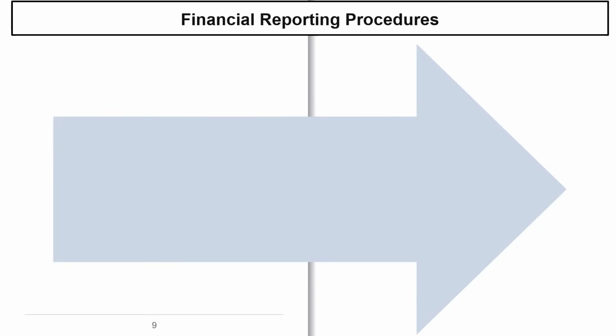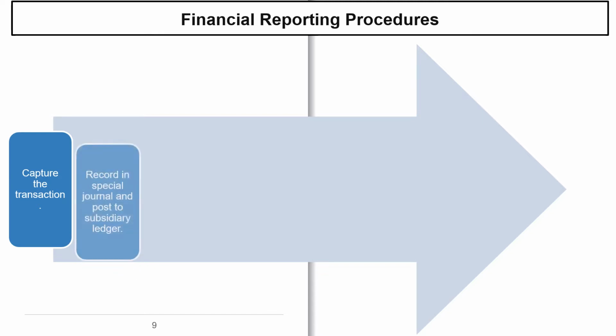Let's see the financial reporting procedures. The financial reporting procedures start by capturing the transaction. For sure, capturing the transaction is located within the departments or within the accounting cycle, the transaction processing system, TPS.